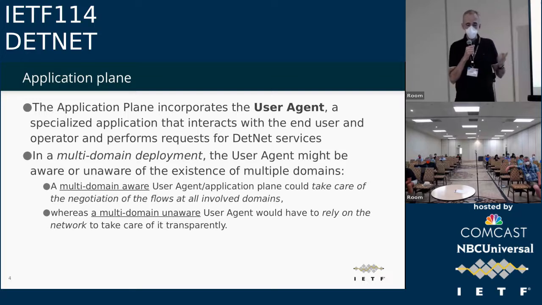If we consider a multi-domain deployment, that user agent may be aware or unaware that there are multiple domains. If it's aware, it could take care of the negotiation of the different services with each of the different domains. But if it's unaware of the multi-domain, then it will have to rely on the network to transparently take care of this. Next slide, please.